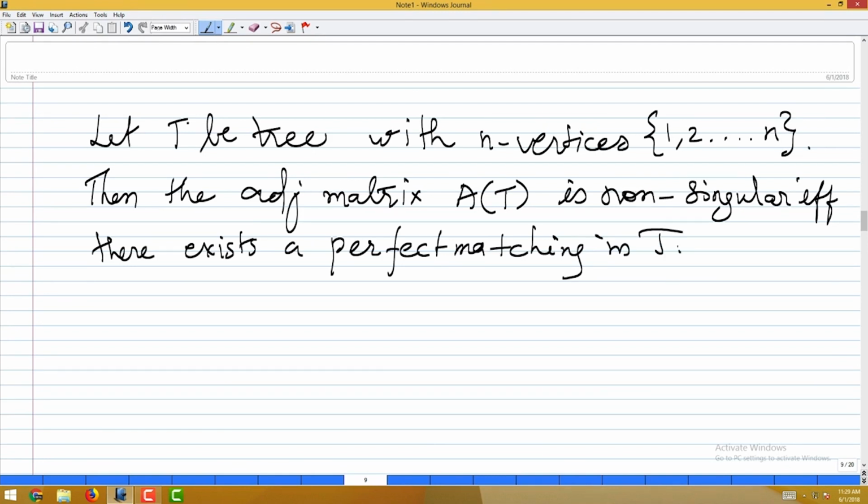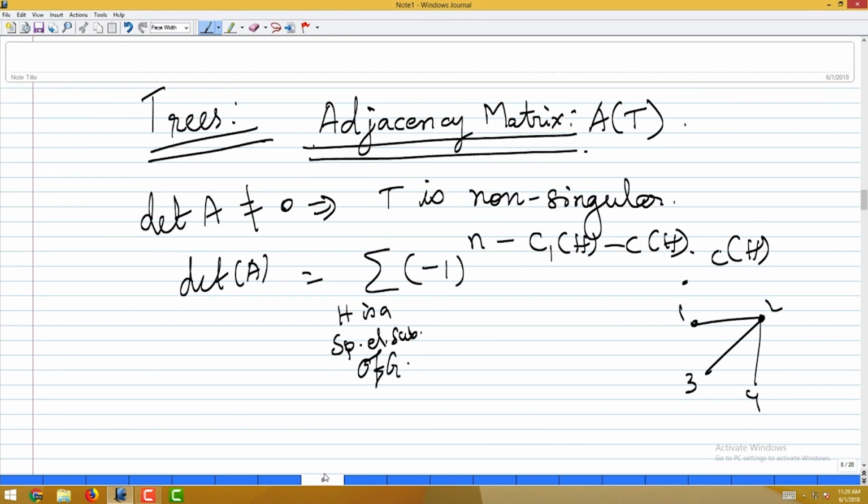Just from the definition you can see immediately that this result will hold. One way we can see immediately: for an elementary subgraph to exist, first of all the tree must have a perfect matching.